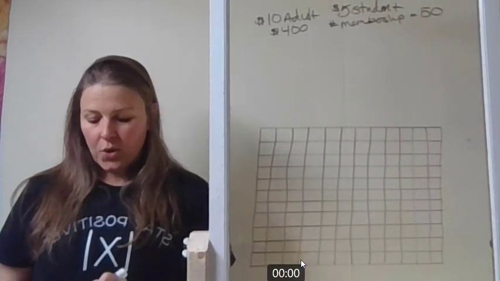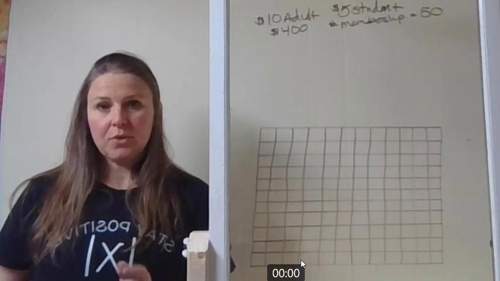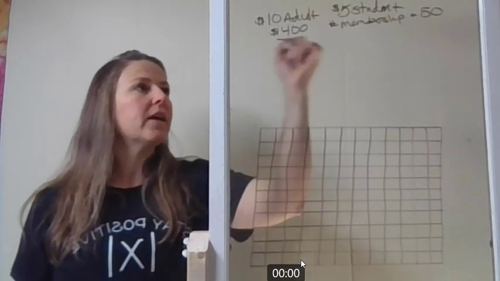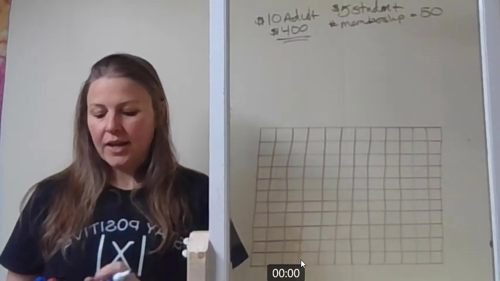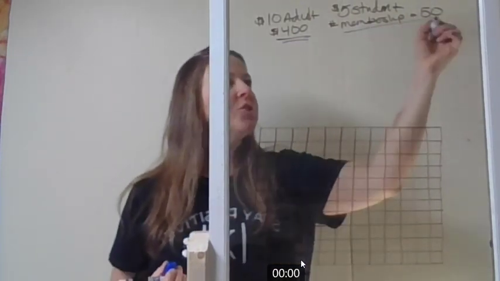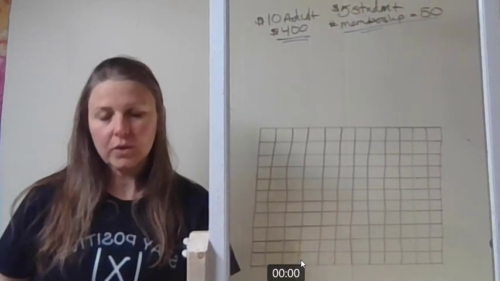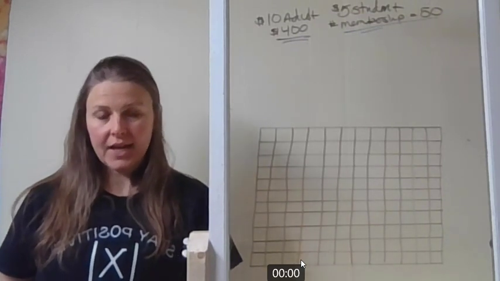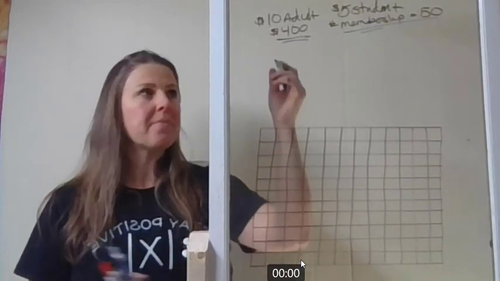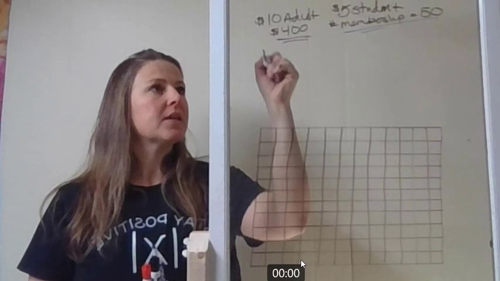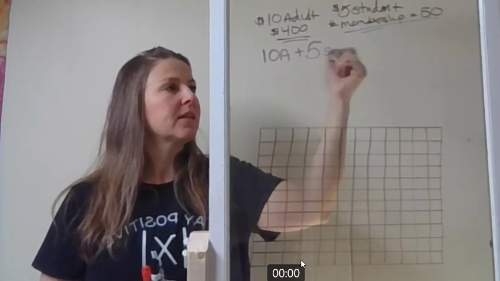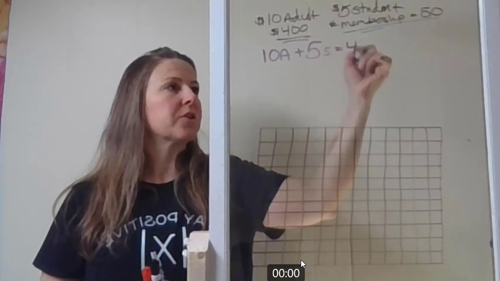All right, so this situation can be written as an equation, but there's two different equal signs. One is the equal to 400, and the other equal sign is the equal to 50. So how would you write an equation with the equal to 400 part, knowing that there's $10 per adult ticket and $5 per student ticket? Think about that. So hopefully you wrote 10 per adult plus 5 per student is equal to 400.